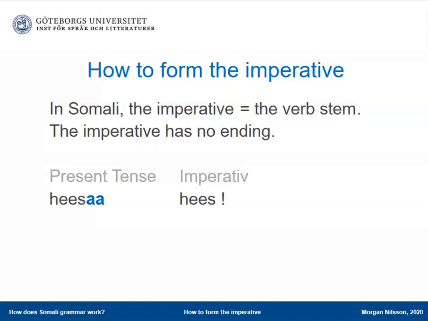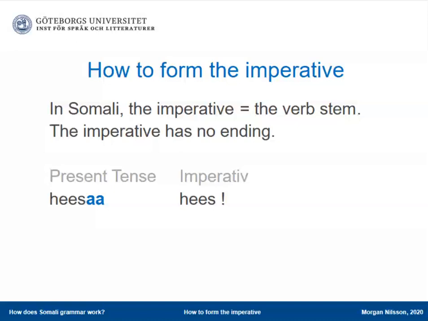In Somali, the imperative is also equal to the base of the verb, or the verb stem. That is the part of the verb that is not an ending. So the imperative in Somali, just like in many other languages, has no ending.